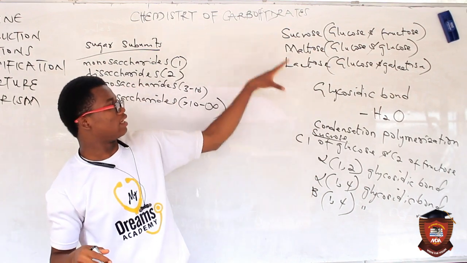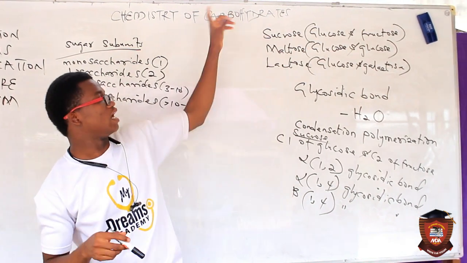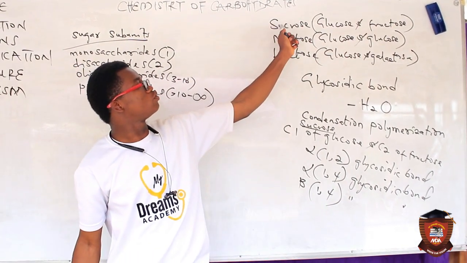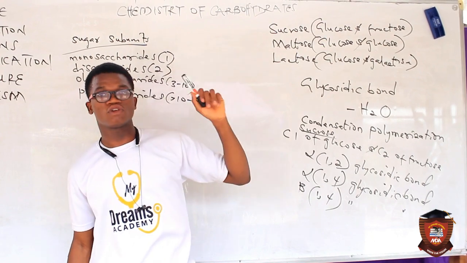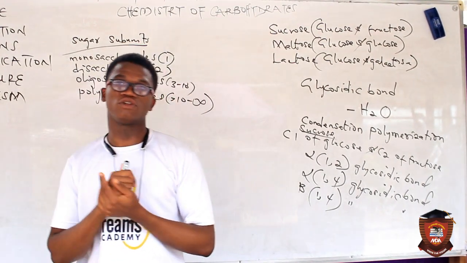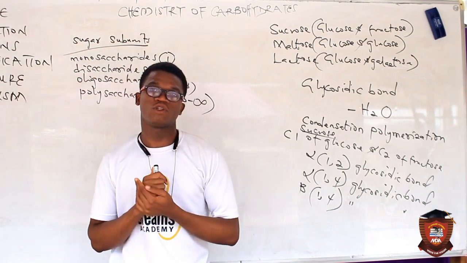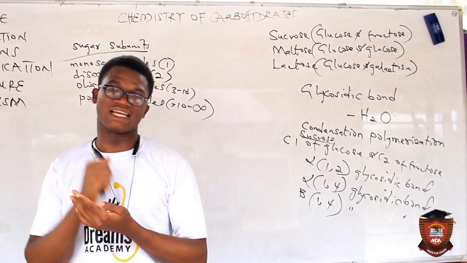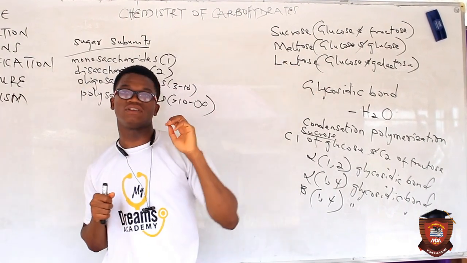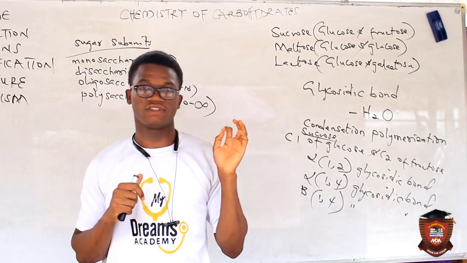So this is all about the disaccharides. They are made up of 2 monosaccharide subunits. So we have the popular examples being sucrose, which is made up of glucose and fructose. We have the maltose made up of glucose and glucose, and we have the lactose made up of glucose and galactose, and all these have the glycosidic bond as a common bond between all of them.